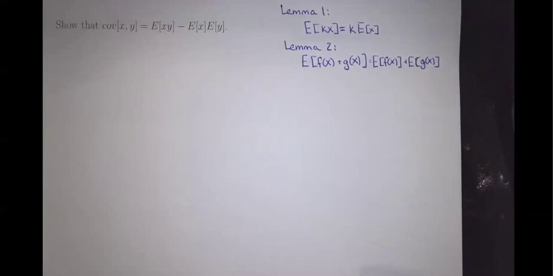And again, the linearity property is in your book, or you can prove that yourself. But I'm going to use both of these facts as we go through this proof.